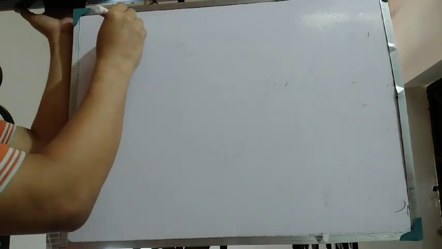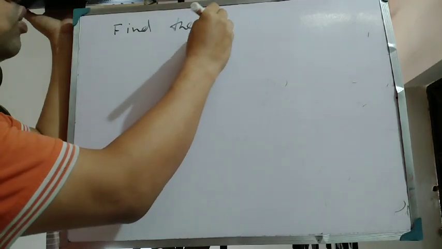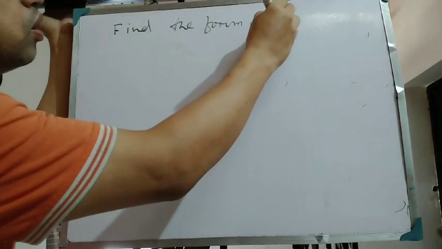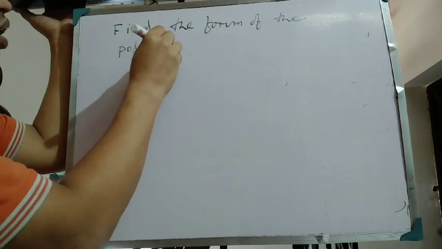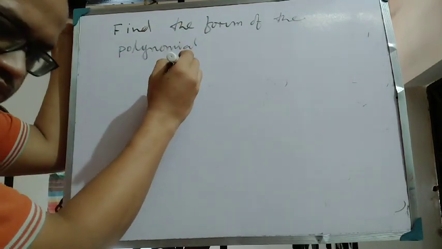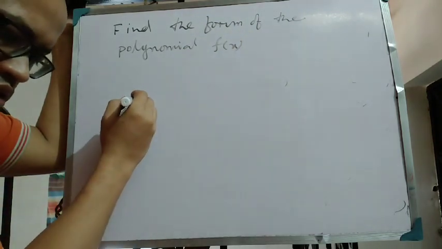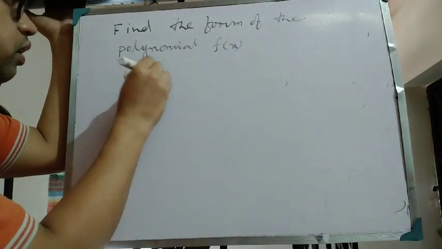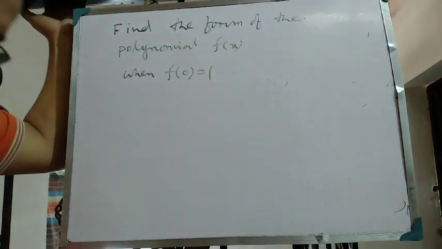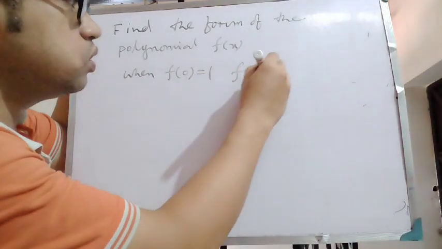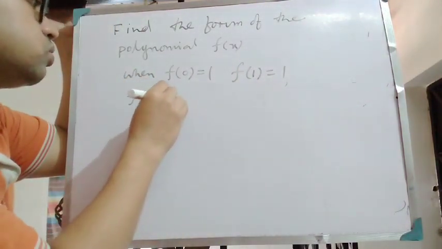The question is, find the form of the polynomial f(x) when f(0) is equal to 1, f(1) is equal to 1, and f(2) is equal to 3.